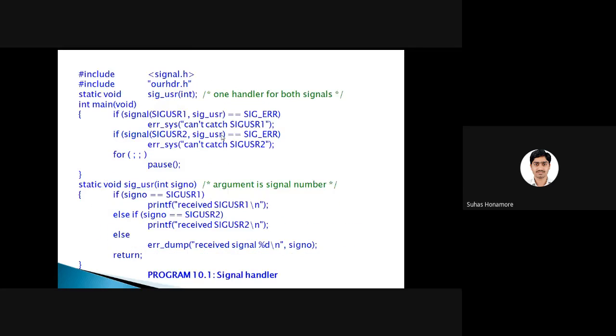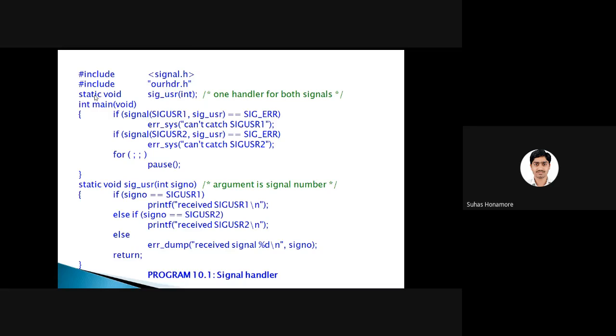So here we are writing one user defined signal handler, sig_usr. A handler always has to take one argument, which is an integer, so we take an integer type. The return type should be void.